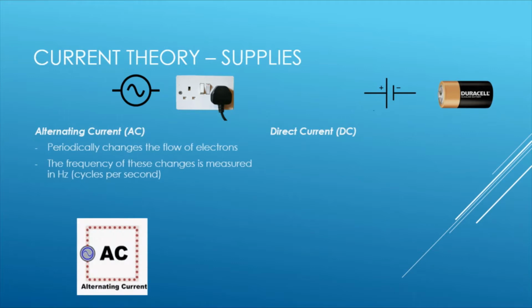So alternating current periodically changes. It's constantly alternating the flow of electrons, and the frequency of these changes is measured in hertz, which is your cycles per second. And here you can see this GIF, you've got a supply using this circuit symbol, and here you can see the flow of electrons moving one way and then changing and going the other way. So this is what we call alternating.